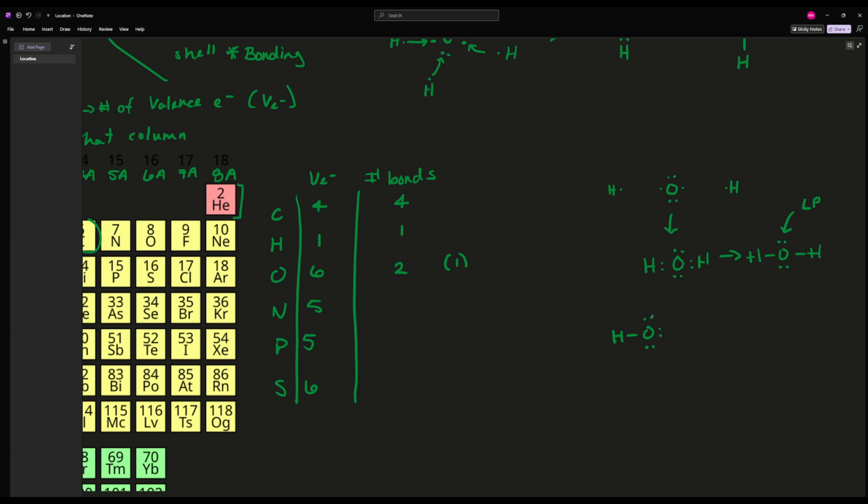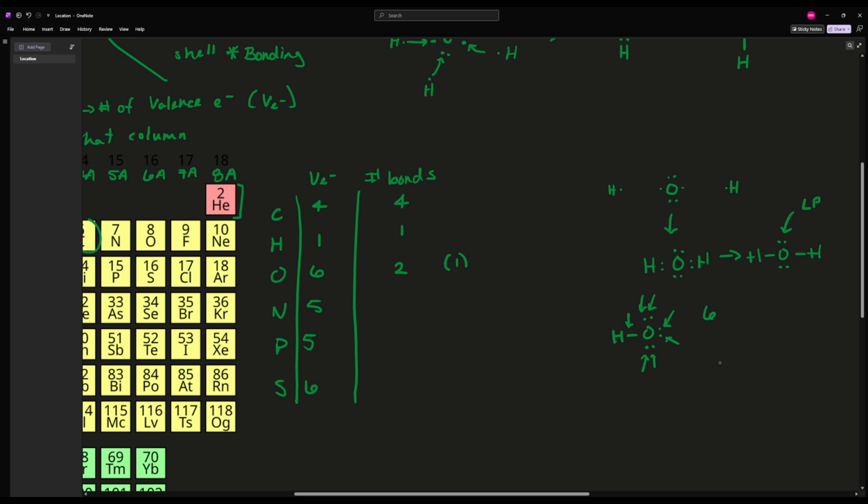We count 1 for every single electron in the lone pairs. So here's 1, here's 2, here's 3, here's 4, here's 5, and here's 6. And then we count 1 per covalent bond. So here would be 7.